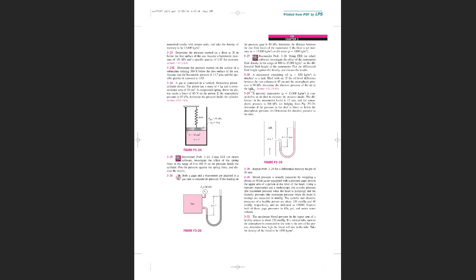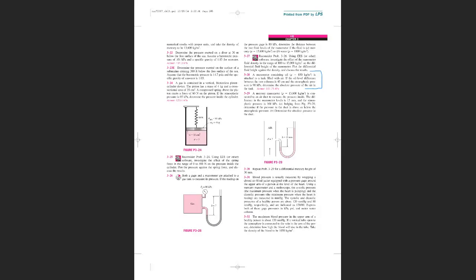Move forward. 28. Okay, it says a manometer contains oil, density 850, attached to a tank filled with air. If the oil level difference between the two columns is 45 centimeters and the atmospheric pressure is 98 kPa, determine the absolute pressure.